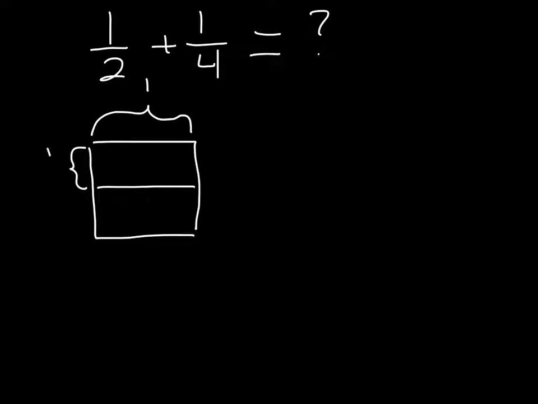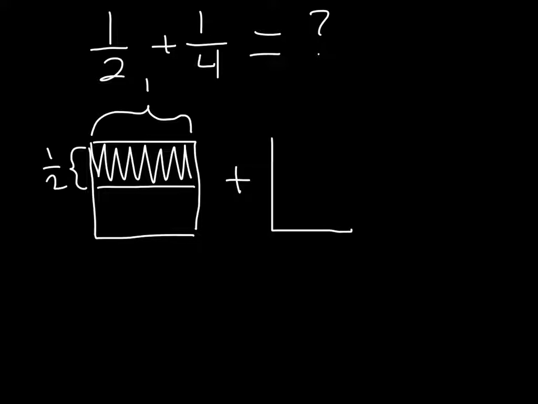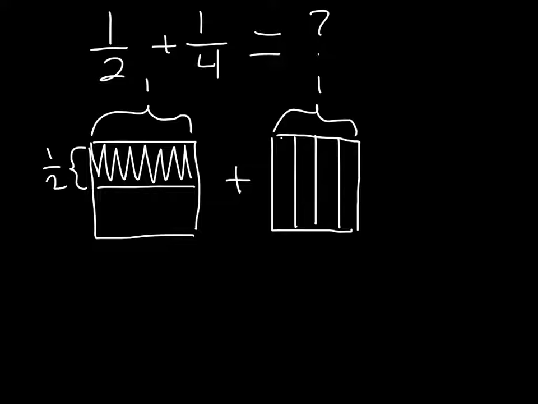We're going to label the half, and we're also going to shade it. And to that half we want to add a 1/4. So our next whole will be divided into 4 equal parts, and we're going to shade one of those parts and label it 1/4.